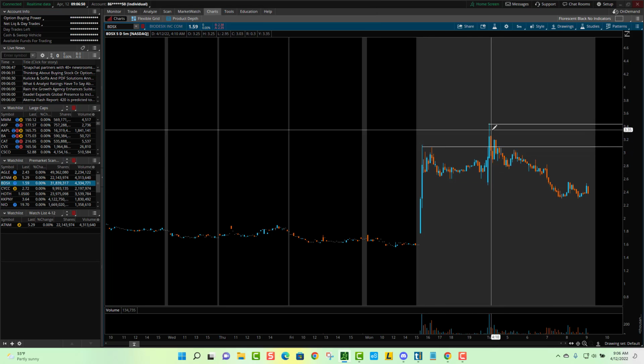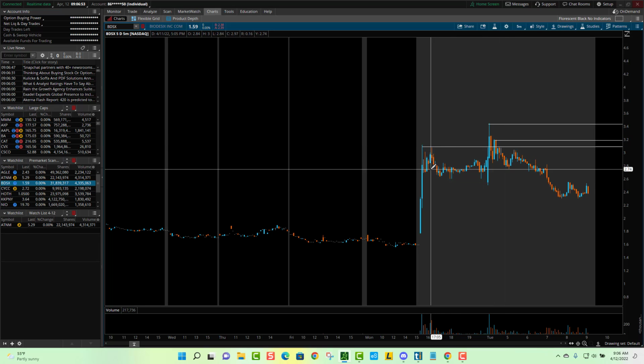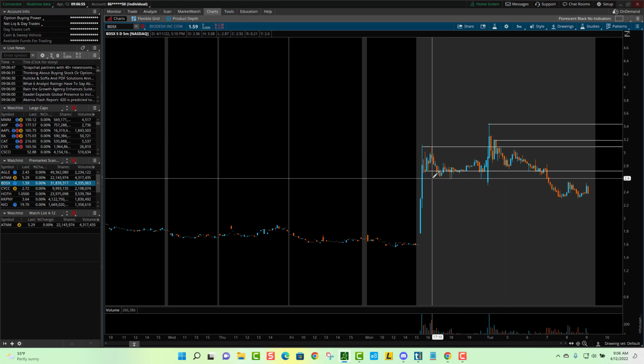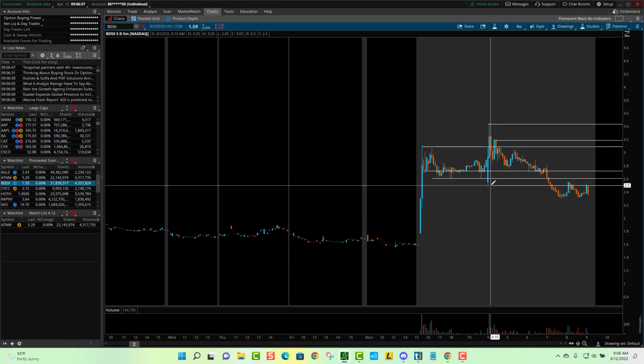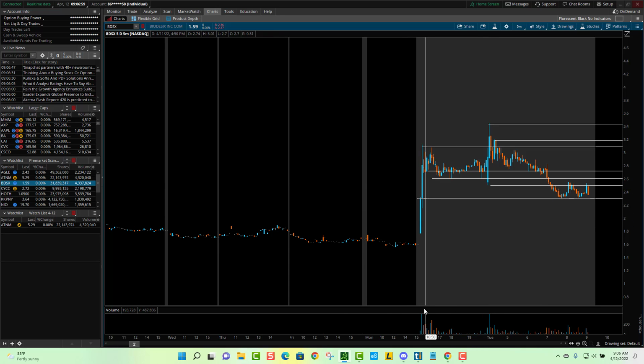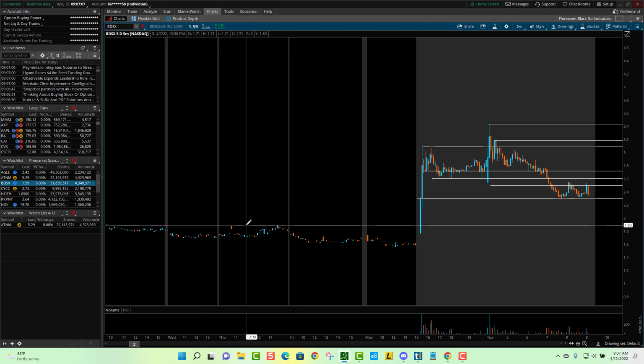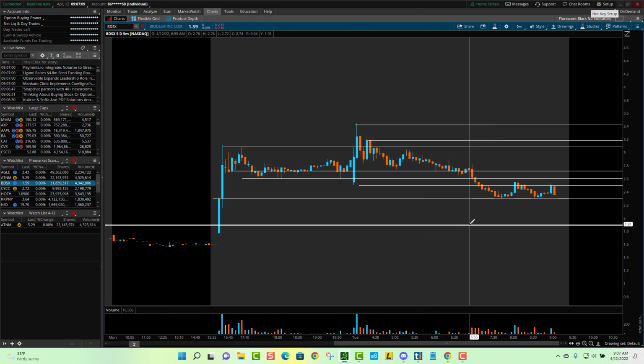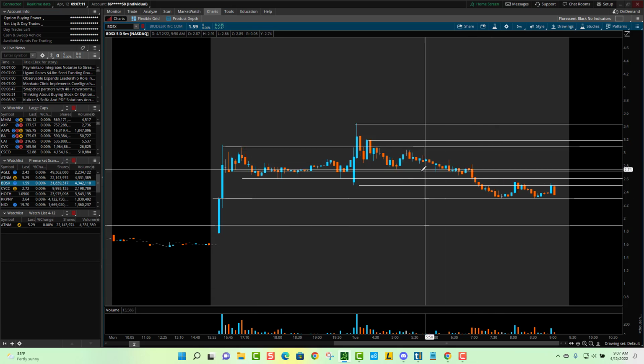I'm just mapping out pre-market support and resistance levels, those highs and lows. I'm not doing them perfectly right now. This one had a really nice move up, and now it's dropping back down, so we look at some support levels down over in here. Again, lots of volume, kind of meh at the moment.